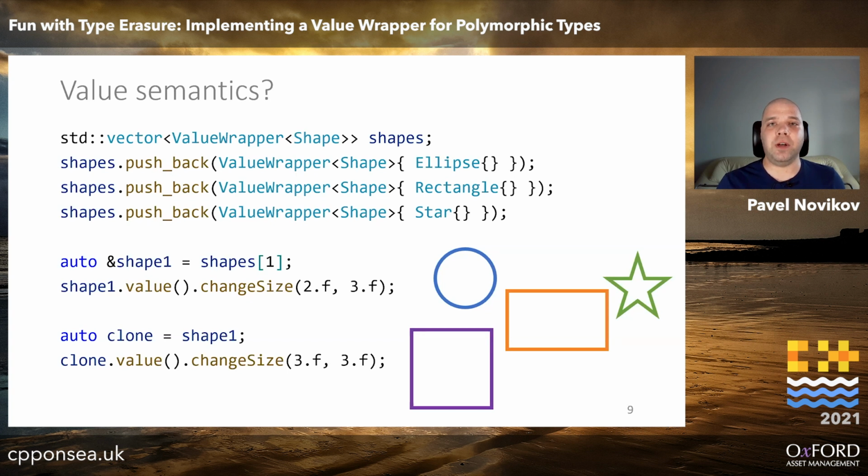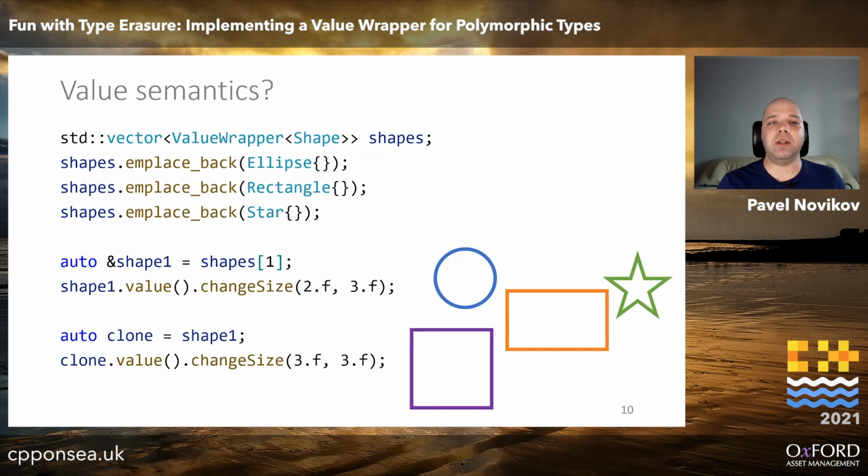And instead of operator arrow to access the pointer, we use the value call to access a reference to the underlying value. And here we practically do the same. We change the shape with index 1. And we also trivially make a clone of that shape and then change its size. We can cheat a little bit here by calling emplace_back instead of push_back.